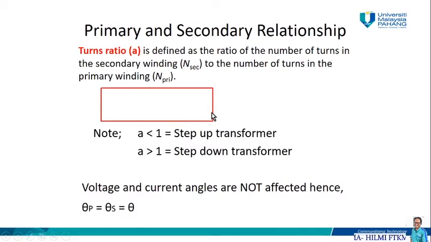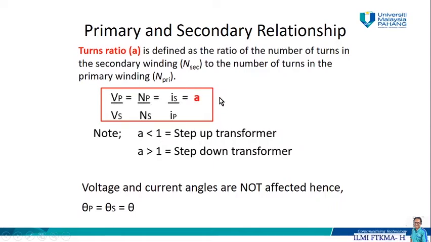Now let's take a look at the relation between primary and secondary. The turns ratio, also known as A, is defined as the ratio of the number of turns in the secondary windings, N secondary or NS, to the number of turns in the primary windings, N primary or NP.